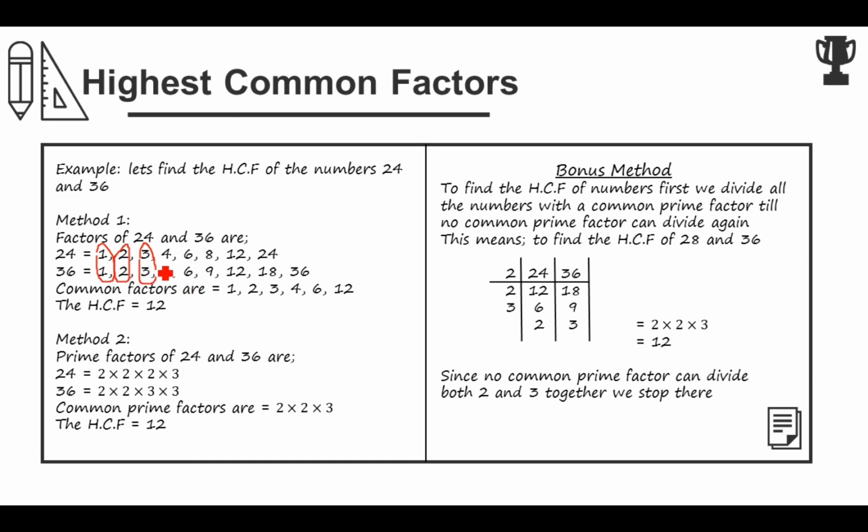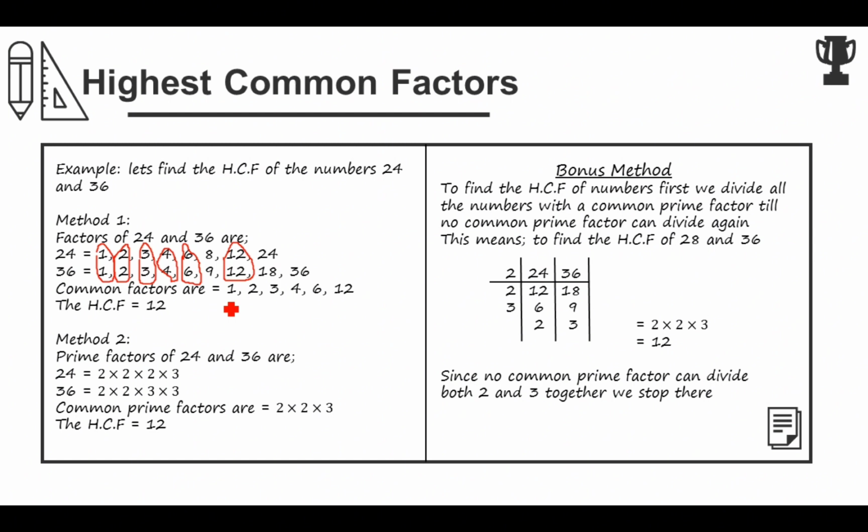We have our 3, right? 4 again. We have our 4, 6. We have our 6 and 12. Now these are our common factors.